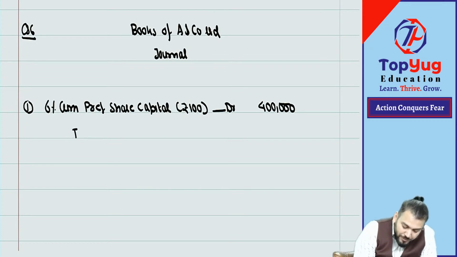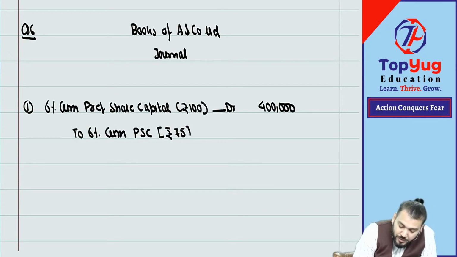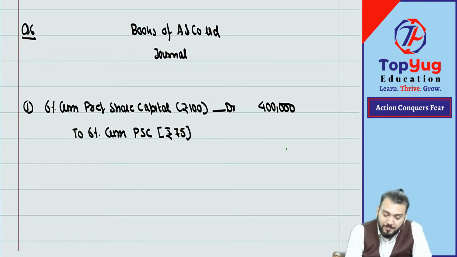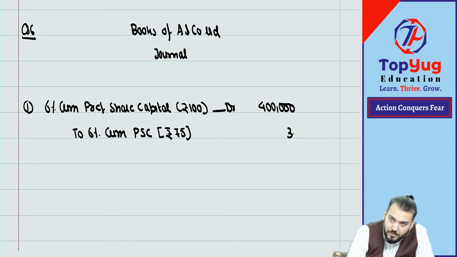Now it will become, to 6% cumulative preference share capital of rupees 75 each. So 4,000 into 75 means 3 lakh.